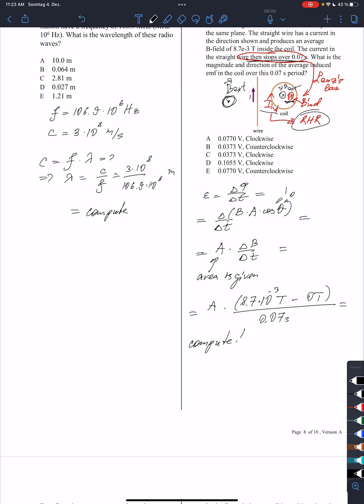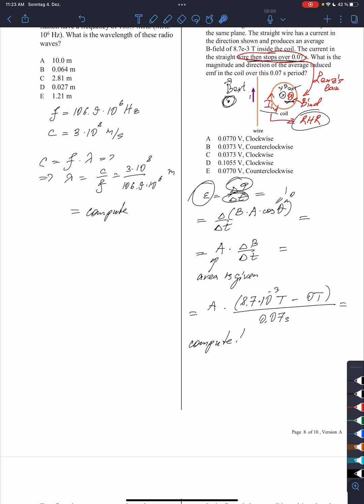Okay, next, what is the EMF? Well, the EMF is given by the change of the flux divided by time. This is written over here. That's the equation. So what does change? We need to substitute the definition of the flux over here. The flux is given by the magnetic field times the area times the cosine of the angle between the normal to this area, the face of this coil, and the magnetic field.